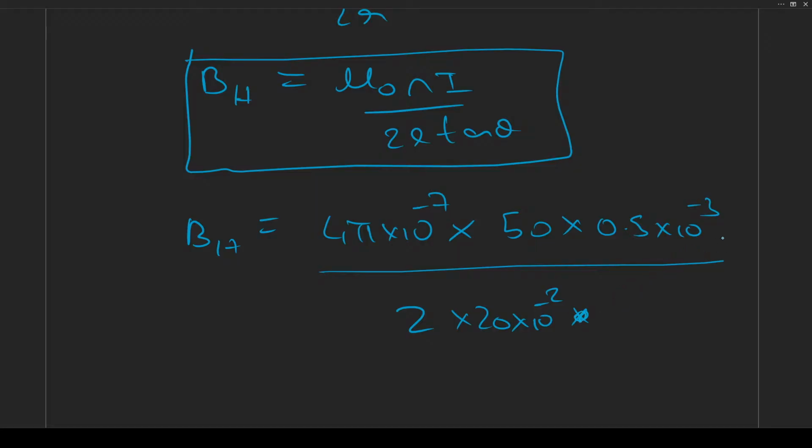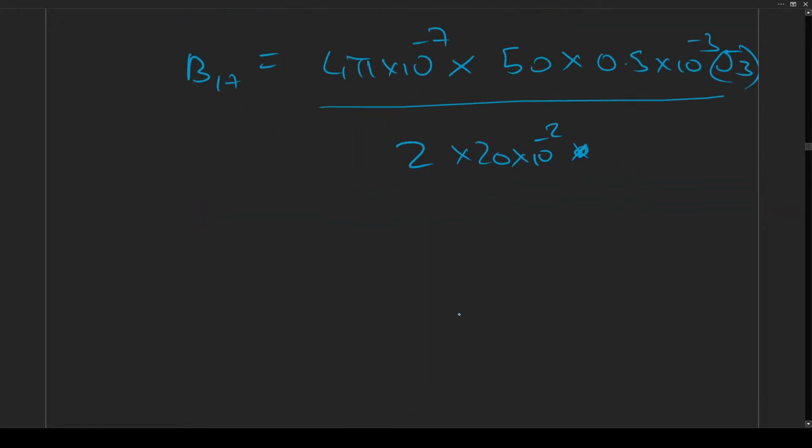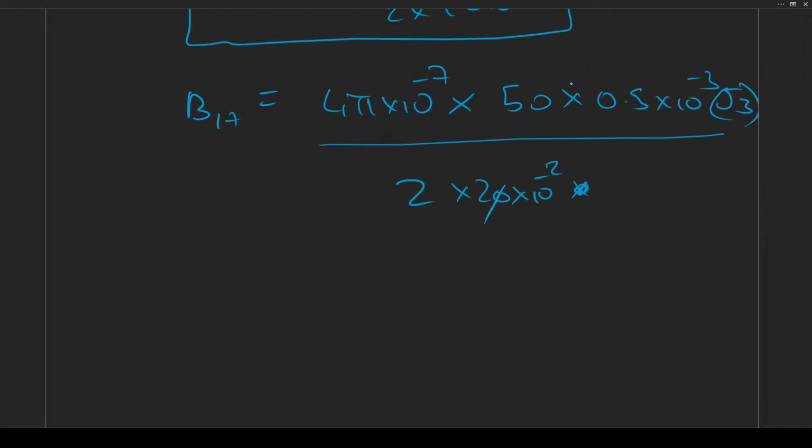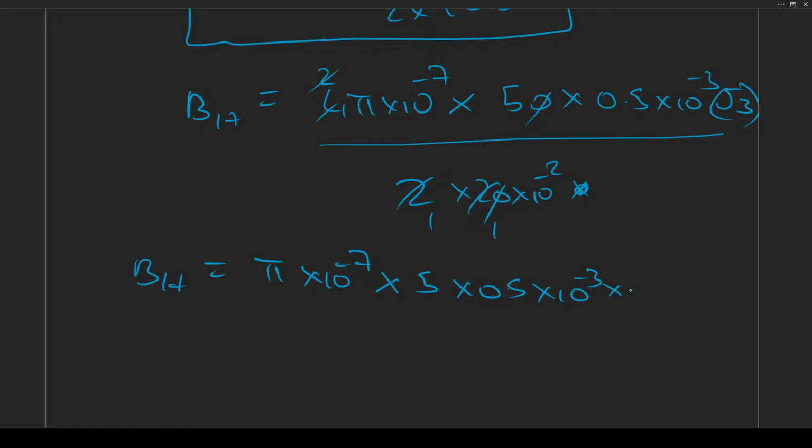So we'll have root 3 here. The zeros cancel. So BH is equal to pi into 10 power minus 7 into 5 into 0.5 into 10 power minus 3 into root 3.